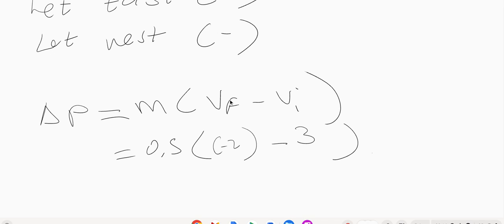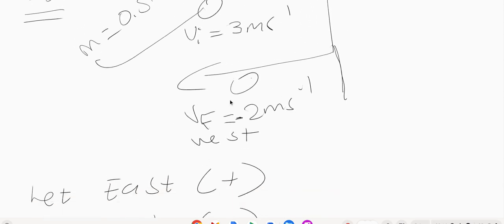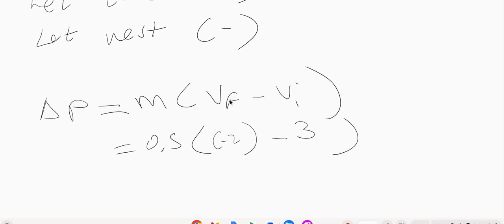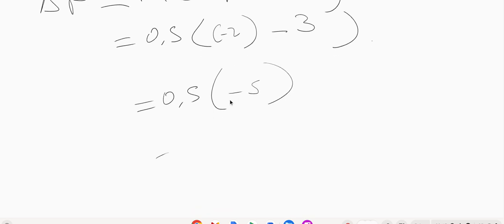So 0.5 times the bracket of minus 5 gives us minus 2.5 kg meters per second.